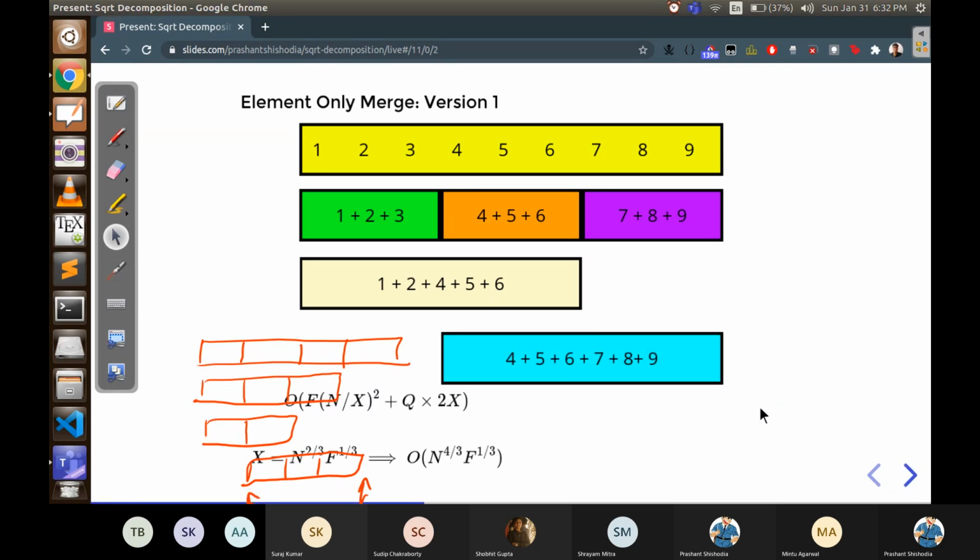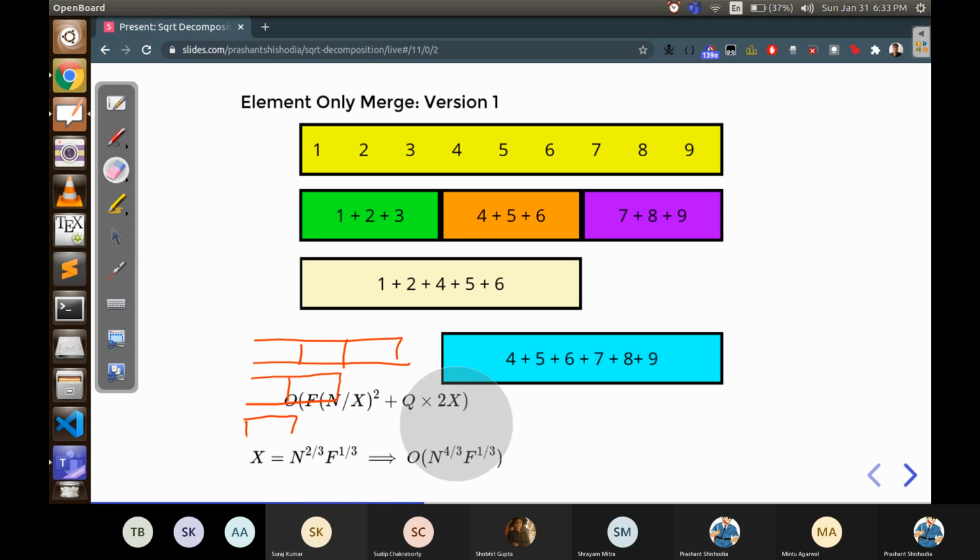Now let's come to the time complexity. Suppose I divided it into blocks of size x.